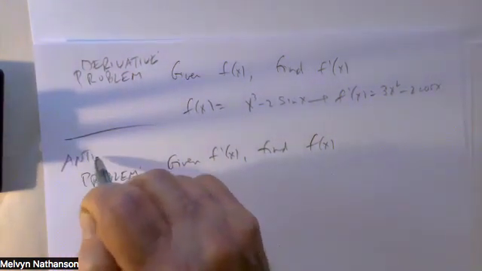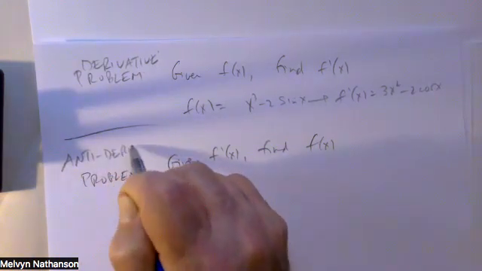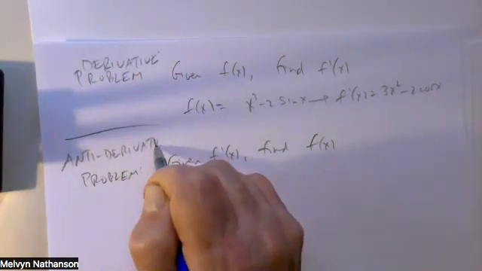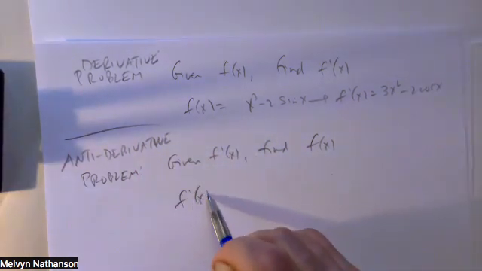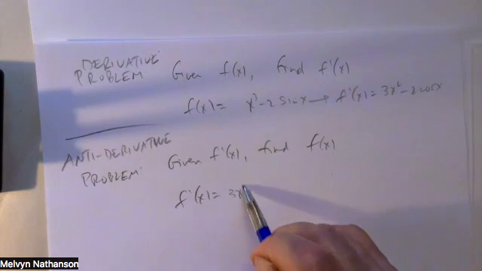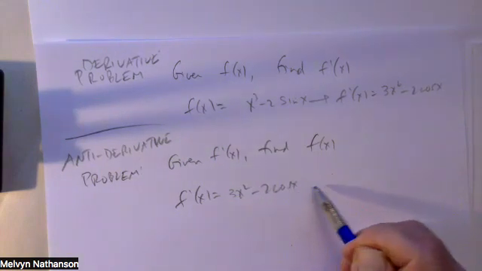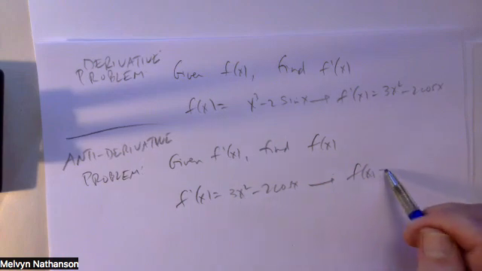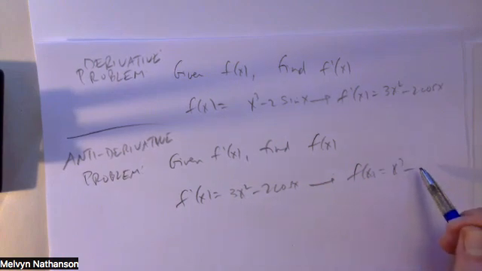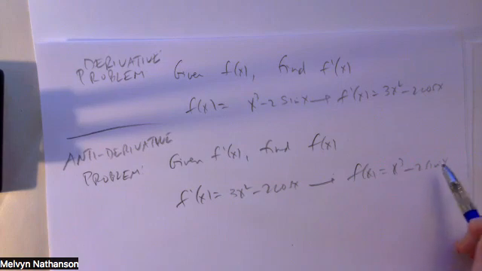We can call that the antiderivative problem. So if f prime of x is 3x squared minus 2 cosine x, then f of x, well, at least one solution is x cubed minus 2 sine x.